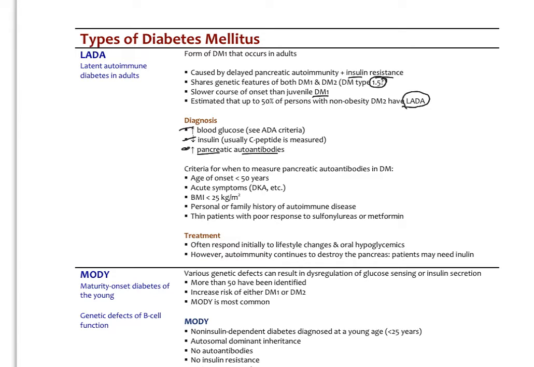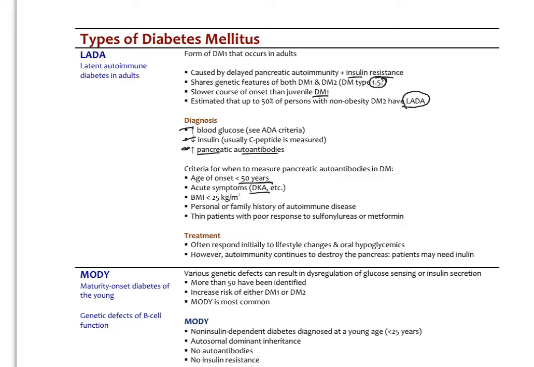So when would we think about measuring the autoantibodies in a type 2 patient? Well, if the age of onset of diabetes is under 50, then we suspect there might be some degree of autoimmunity there, so we might want to go ahead and measure the antibodies. If there are any acute symptoms, like any signs or symptoms suggestive of diabetic ketoacidosis, and again, I'll go through in detail what those are in the next set of slides, that would be a criteria to measure the autoantibodies.